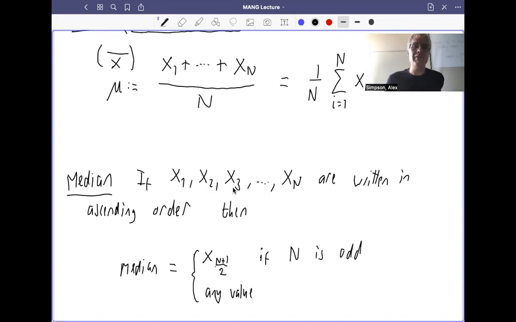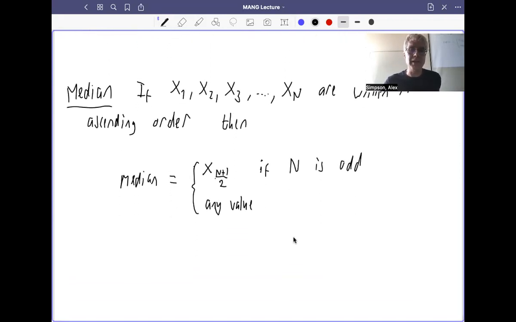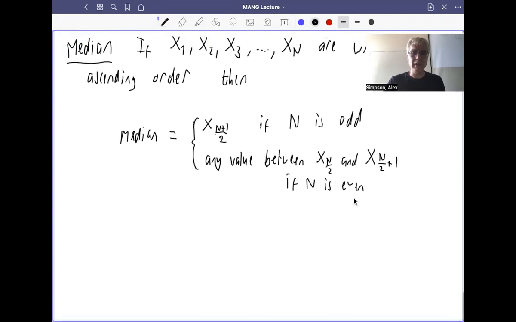Normally any value, including those two values and between them, is counted as a possible median. So the median can be any value between x of n over 2 and x of n over 2 plus 1, if n is even. Okay, so that's the median.